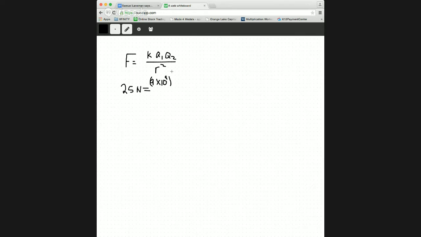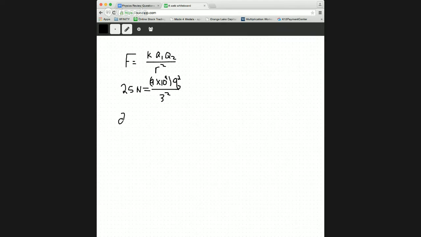They're both the same charge. So I would write that as Q squared. And then they're 3 meters apart. So 3 squared, right? So then 9 times 25 is 225.